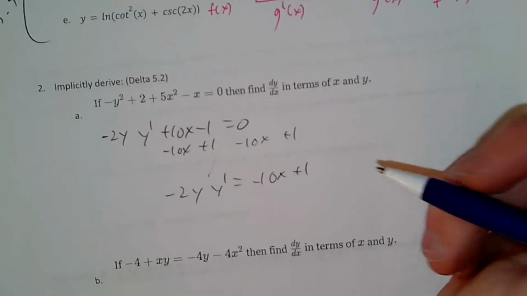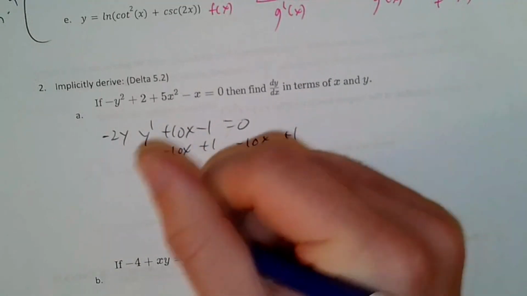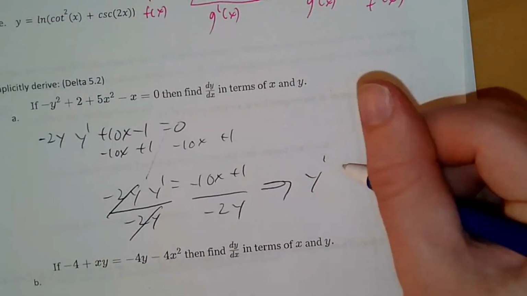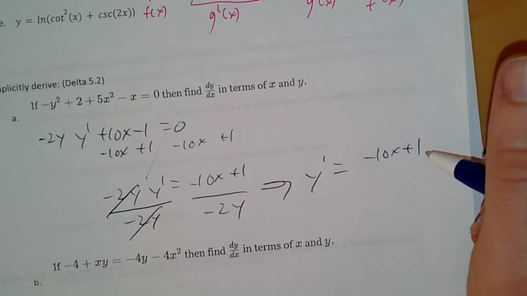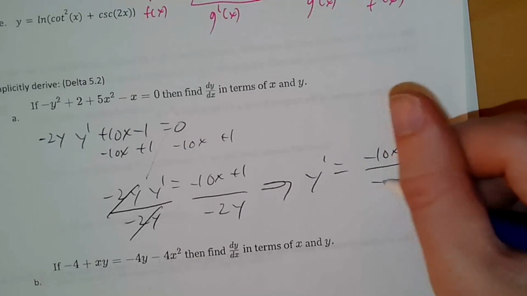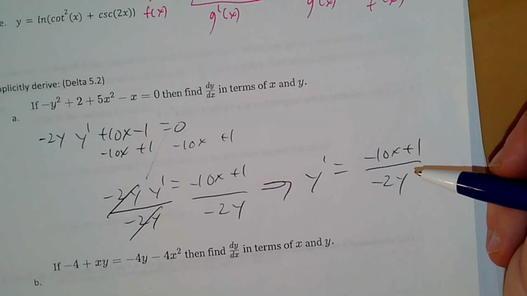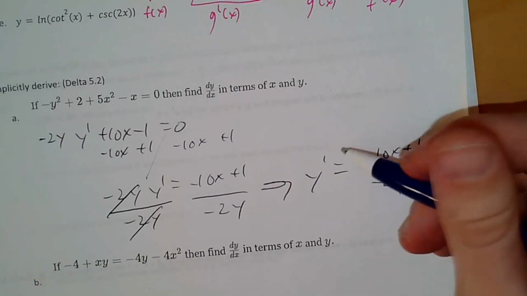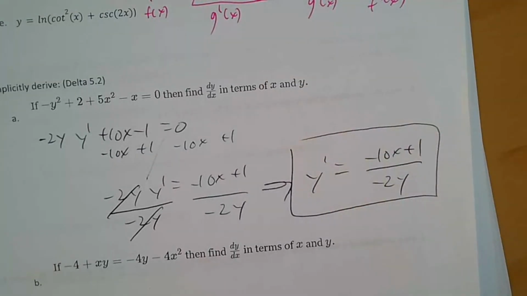The last step to get y prime completely alone is just to divide by negative 2y. Negative 2y cancel, cancel. So y prime equals negative 10x plus 1 over negative 2y. The negatives can stay. You could factor out the negative from the top and cancel them. This is fine. I'm going to leave it as this.